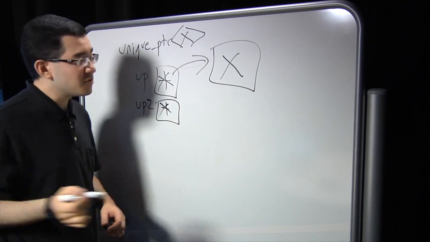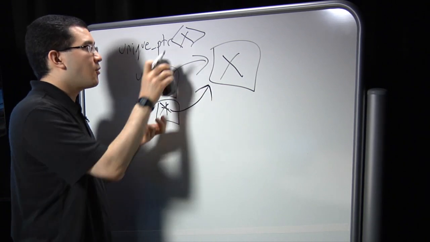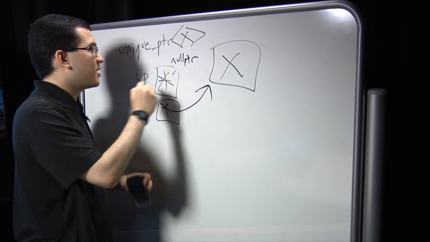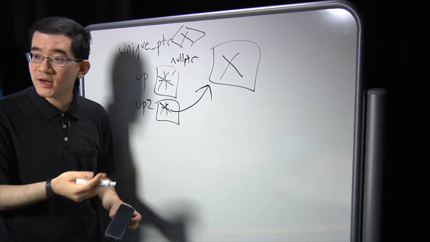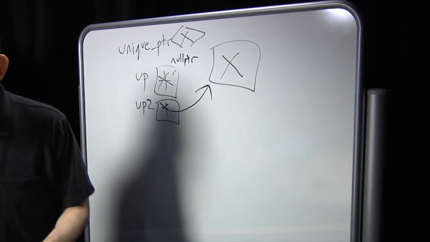If I use std::move, as I'll demonstrate, what will happen is that I'm going to copy the pointer over, I'm going to null out this pointer, and then when this original unique pointer is destroyed, it does nothing because it contains a null pointer. When up2 is destroyed, it'll destroy the object.